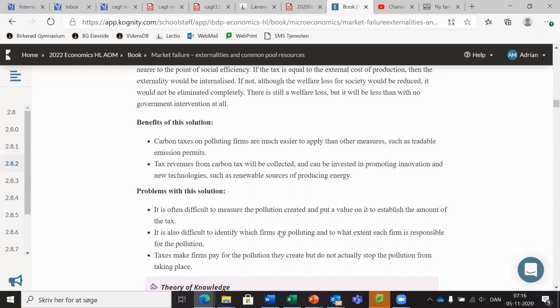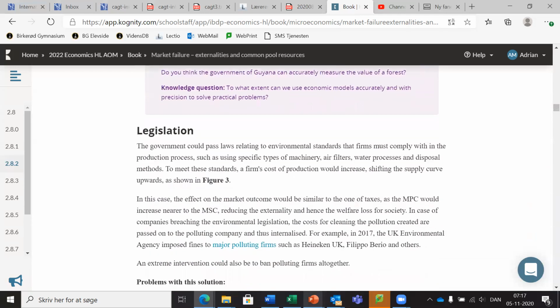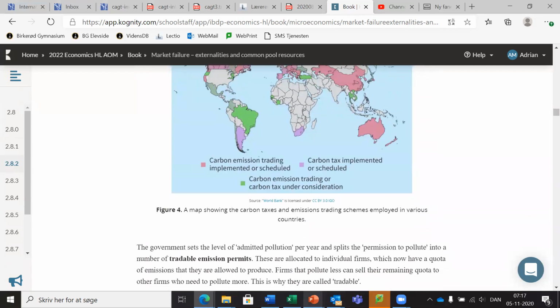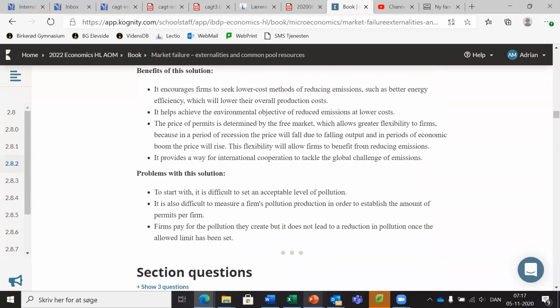What would the good intention of this policy be? So banning meat for state employees 2 days a week. Good intention, we cut our meat consumption. What if the bad consequence is that, well, people just start going to McDonald's and we get less healthy and more obese. Legislation, I will talk about this again, and the tradable emission permits are a bit more complex. We'll talk about those again another day.